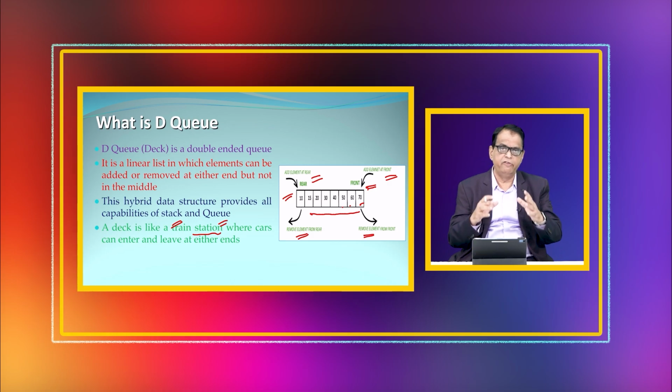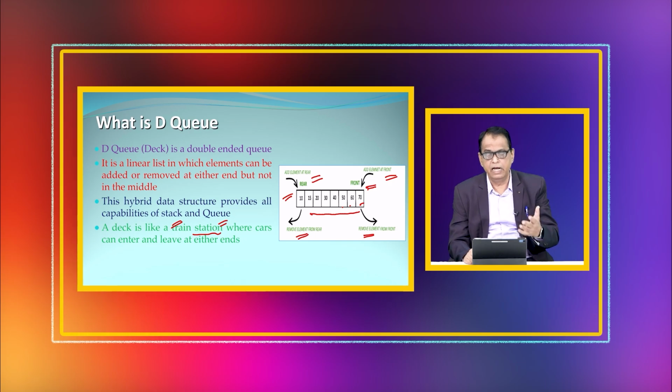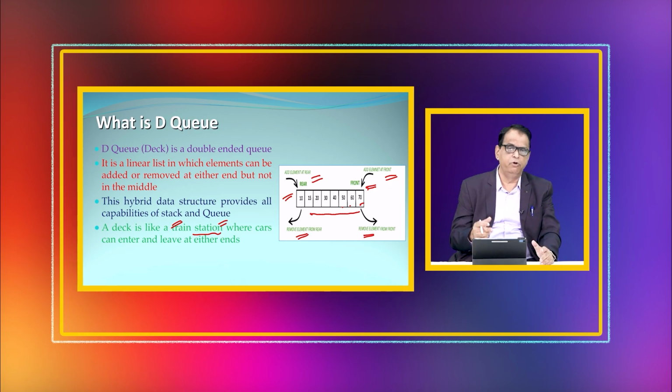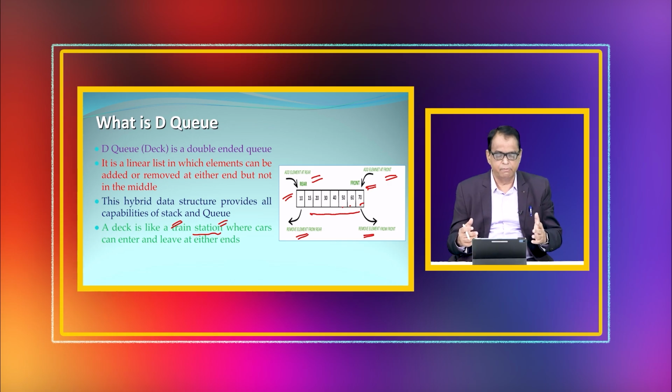If such an arrangement of motion of the cars outside the station is there, then that is nothing but a double-ended queue. So, whenever you want to remember a double-ended queue, you can remember the example of a railway station or bus station, where the movement of the car is possible from both the ends.